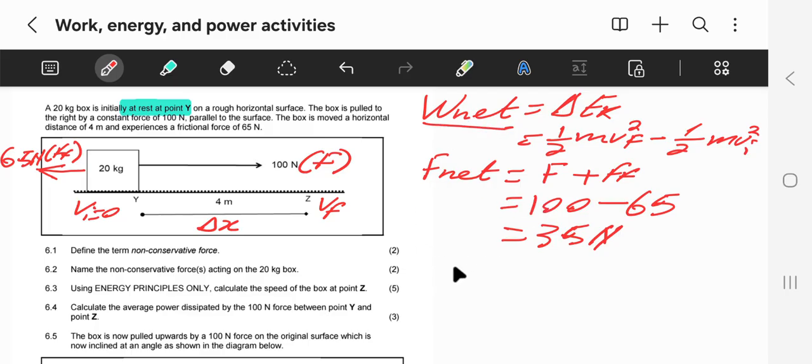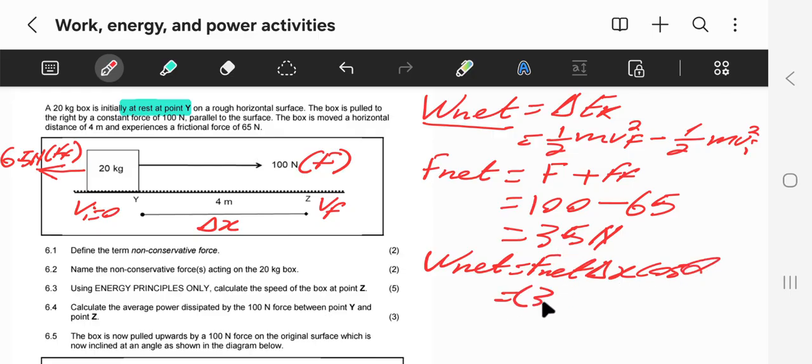But I'm not looking for F net, I'm using F net so that I can find W net. So for me to find W net, I will substitute and say W net is equal to F net delta x cos theta. My F net is this 35, which I just got. My delta x is this 4, okay? And I have my cos. What is going to be my theta, guys?